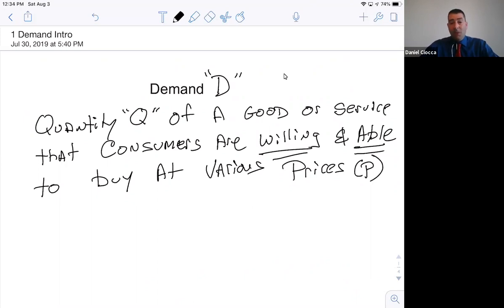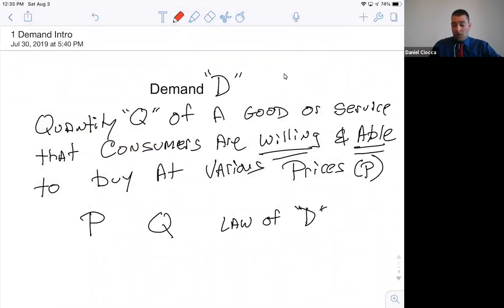Now, demand is essentially a relationship between two things: the price of the good and the quantity of the good. And common sense tells us that consumers like low prices. And that brings us to what we call the law of demand. And the law of demand is really simple.